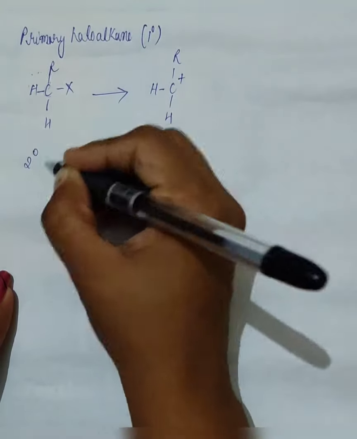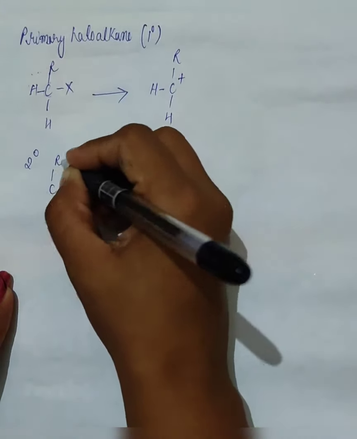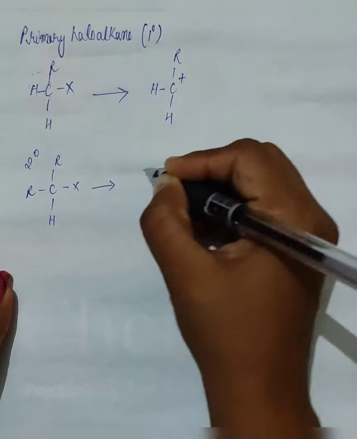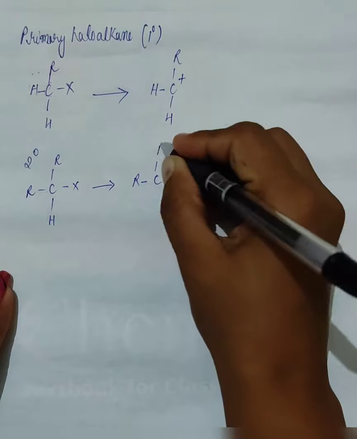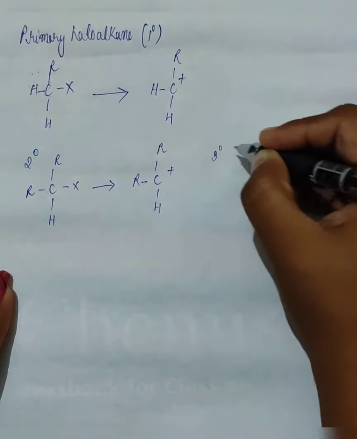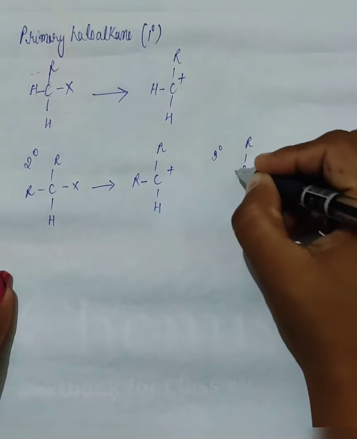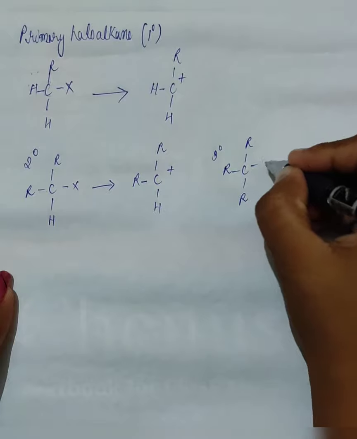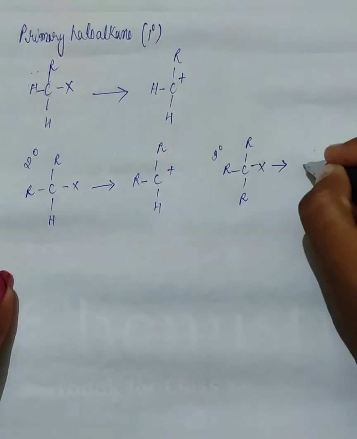In case of 2 degree, you will get the carbocation in this manner. And in case of 3 degree, where the carbon is attached to 3 alkyl groups, the carbocation will be like this.